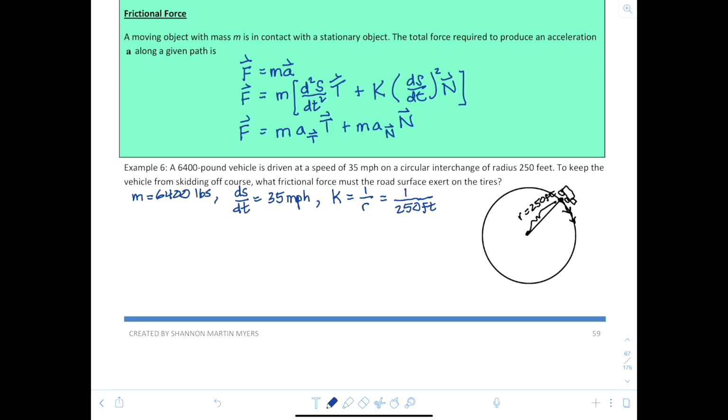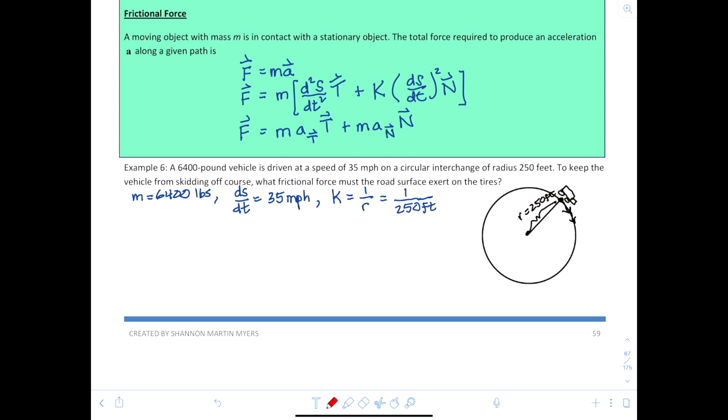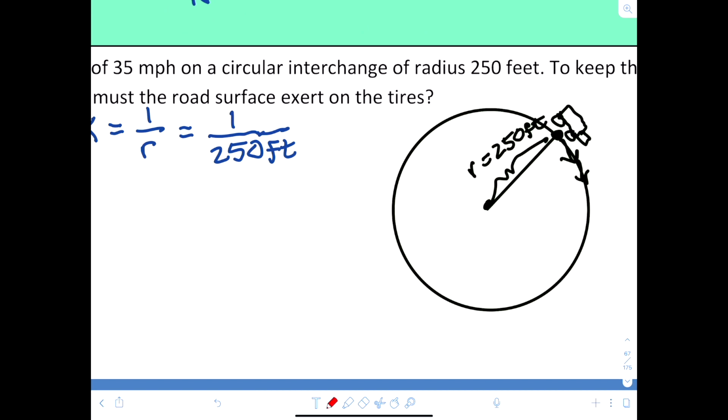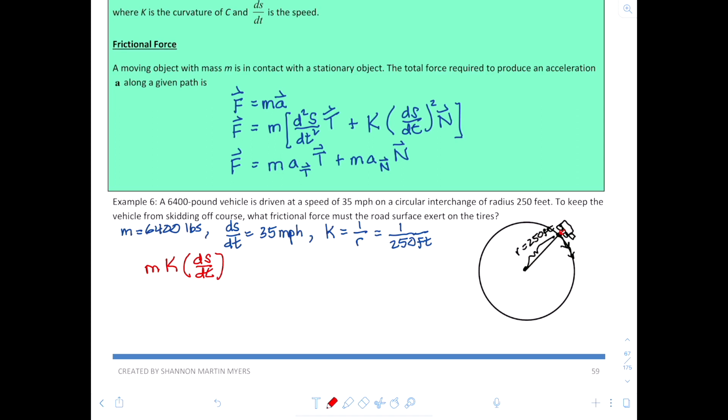Now the frictional force is going to have to be which part of the force? I mean, we're not worried about the tangential, right? We're worried about the force needed for this truck to stay on the road, right? And so what we need for this particular problem is going to be the second part, right? So we're going to need m times k times (ds/dt) quantity squared.